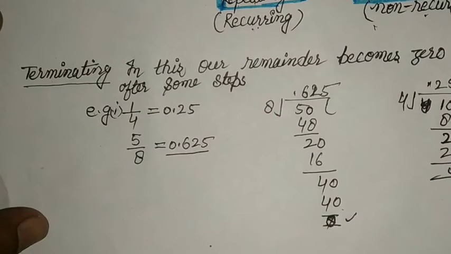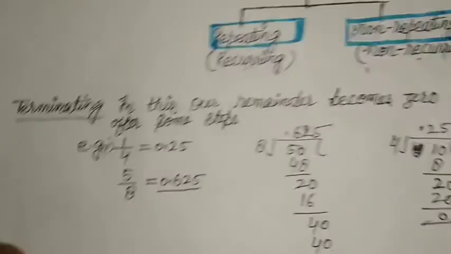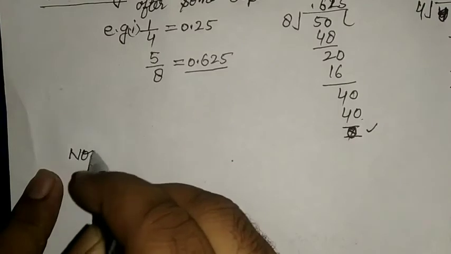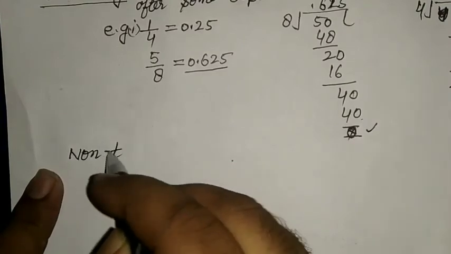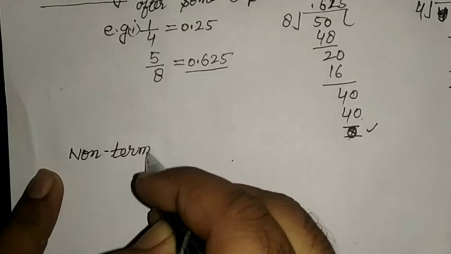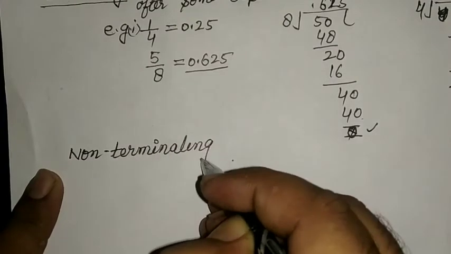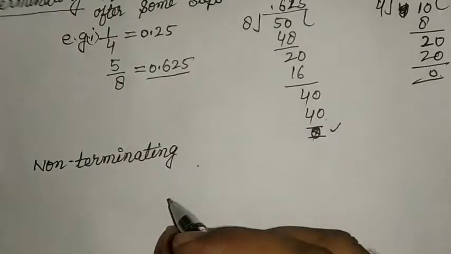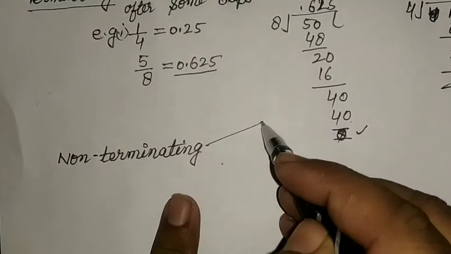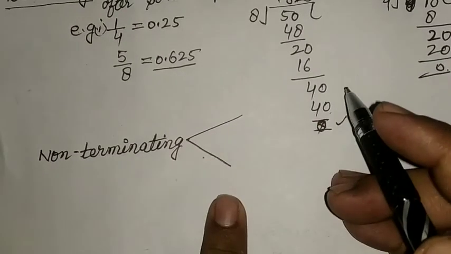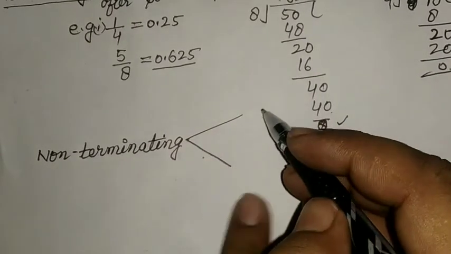Now see the second one, non-terminating. What is non-terminating? We can divide non-terminating into two categories, as I showed you earlier.